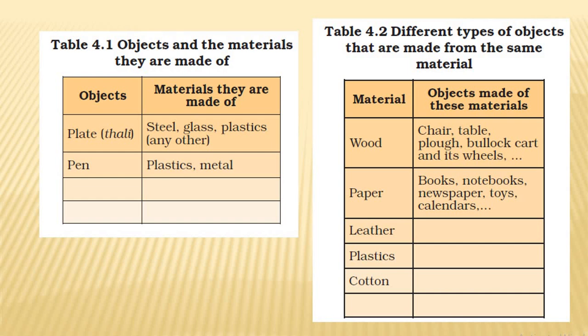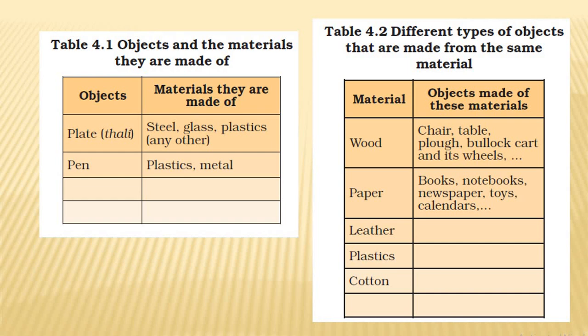Different types of objects that are made from the same material. The materials are wood, paper, leather, plastics, and cotton. Wood and paper are given as examples.